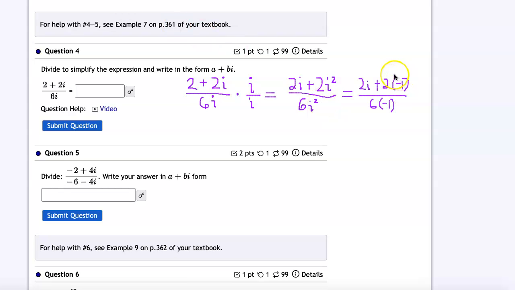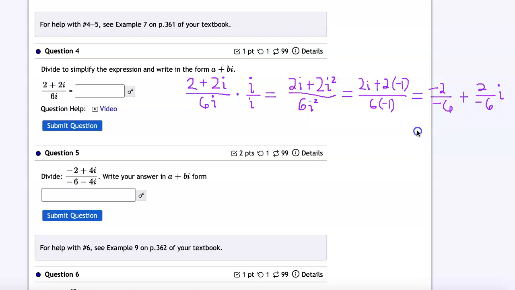And then we want to split this fraction into the real component and the imaginary component. So the real component is going to be this negative 2 over negative 6. So we have a negative 2 over negative 6 for the real component, and then for the imaginary component you have the 2i, which is actually 2 over negative 6 with the i always off to the side.